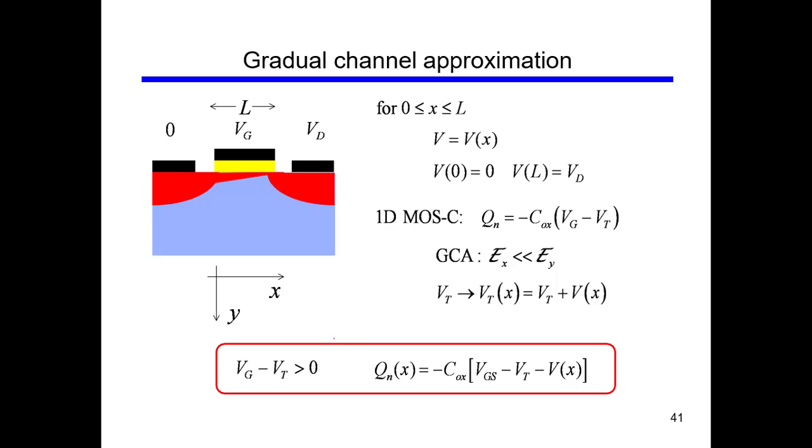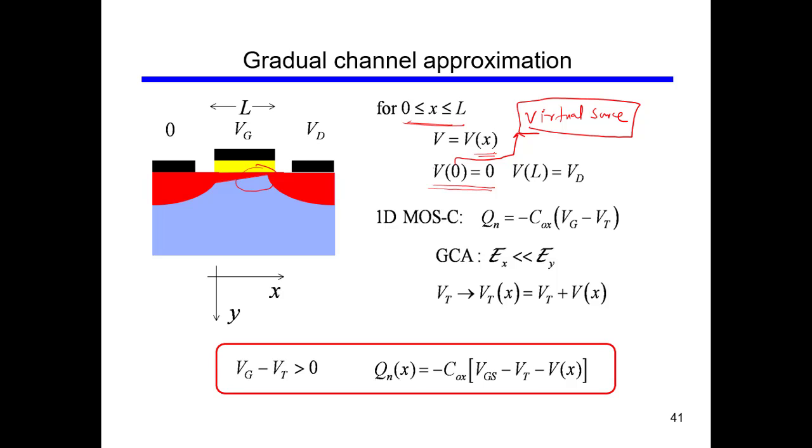let's see what will happen to this charge. Along the x direction, if we go from 0 to the length of the channel, we already know from discussing the pinch off point that there is a voltage Vx, and this voltage varies along the channel. At V0, which is our virtual source, this voltage is 0.